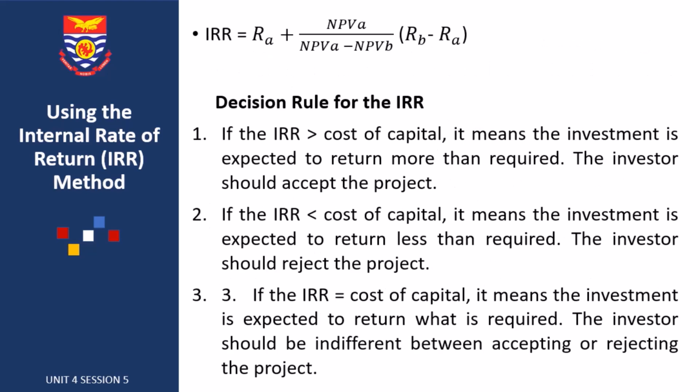So how do we calculate the internal rate of return? This is the formula: RA plus NPV of A over NPV of A minus NPV of B. Most of the time they will give you the cost of capital.